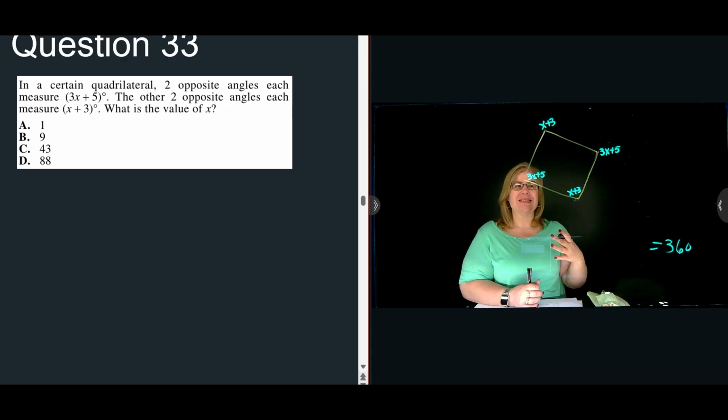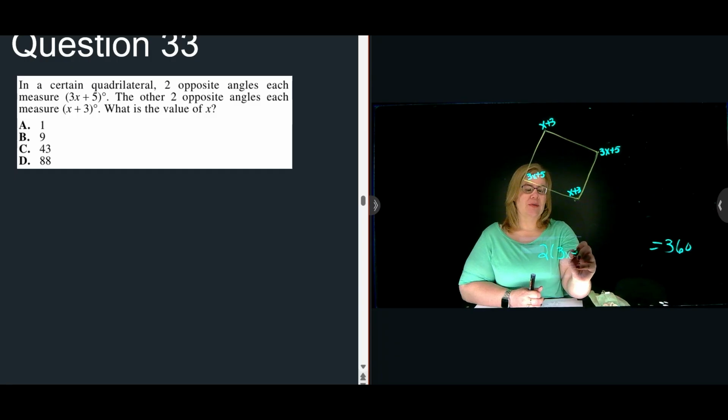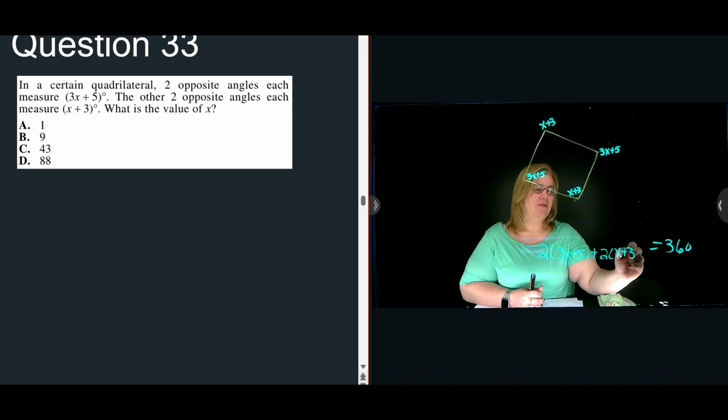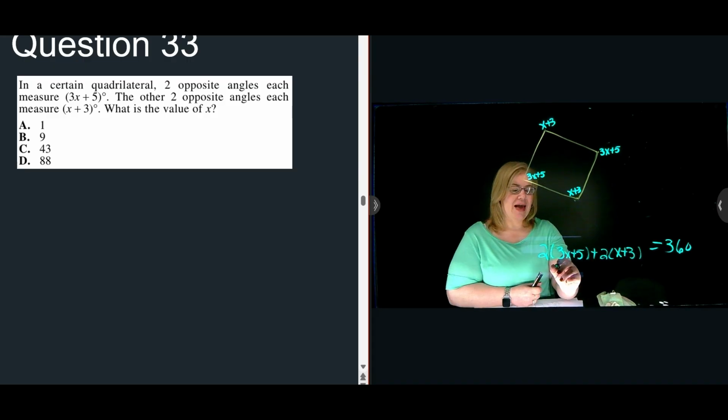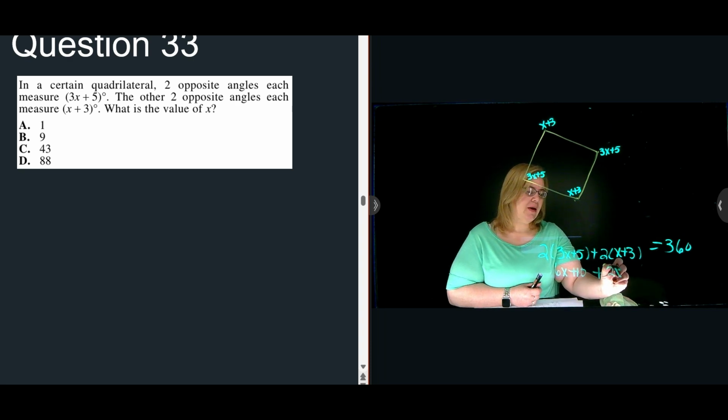I've got 2 times 3x plus 5 plus 2 times x plus 3. I can pretty that up even more by having 6x plus 10 plus 2x plus 6 equals 360.